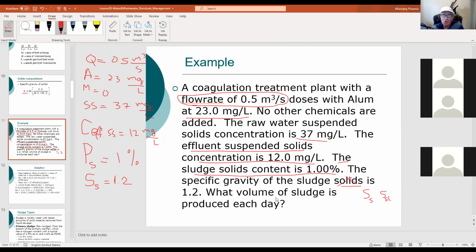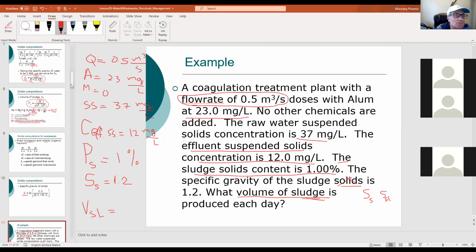They want you to find the volume of the sludge. In other words, they want to find VSL, the sludge, not the sludge solids. So what formula are we going to choose from this buffet?